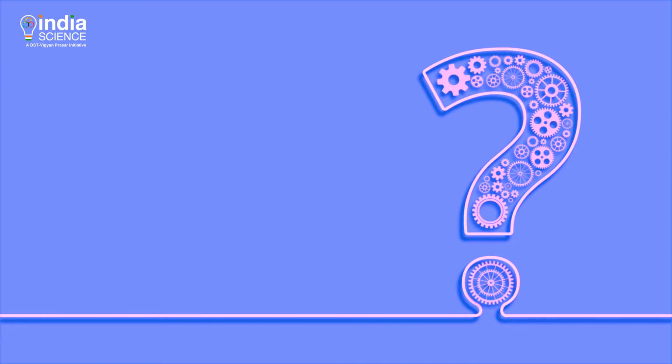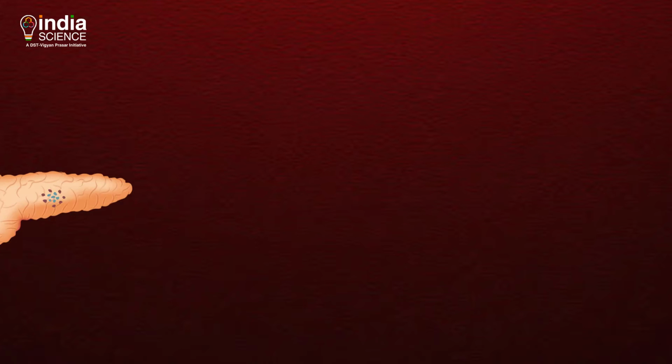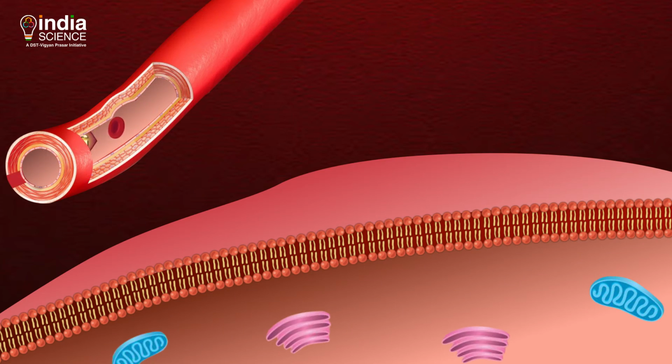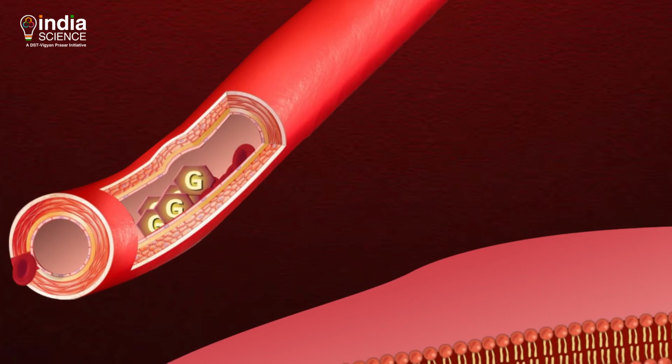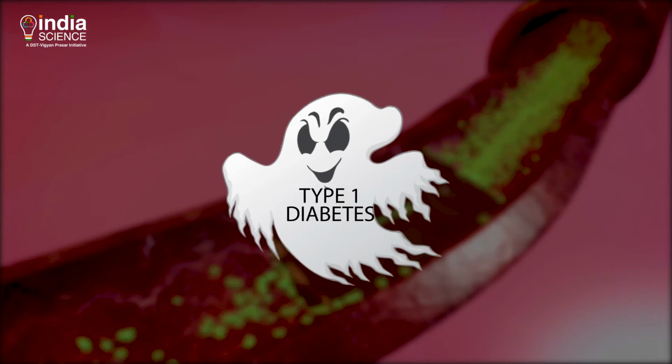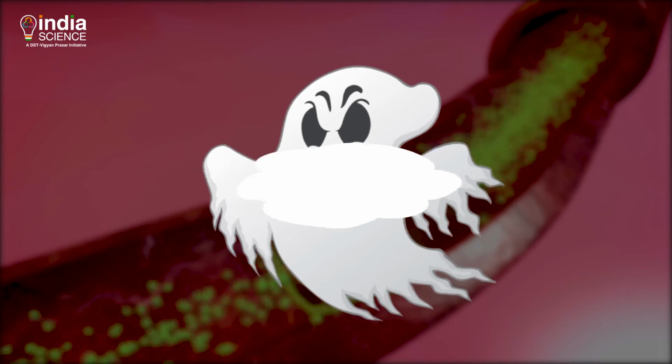The exact reason for this is unknown. What is known is that the cells known as T cells in our immune system kill the insulin-producing cells in the pancreas. This leaves you with little or no insulin. Instead of being transported into your cells, sugar builds up in your bloodstream. This type of diabetes is known as type 1 diabetes.